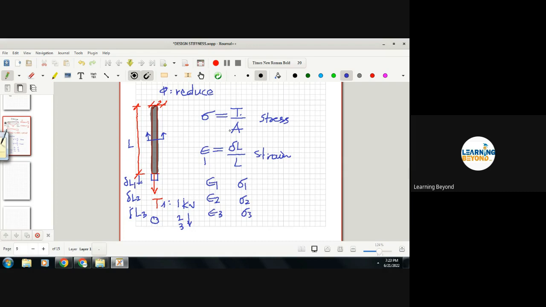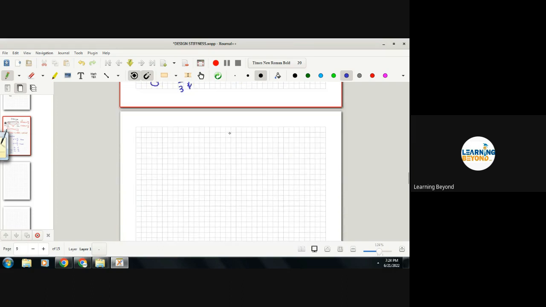And if you try to plot a graph of this, let's say I want to draw a graph of stress versus strain. So let's say this is your stress and this is your strain.